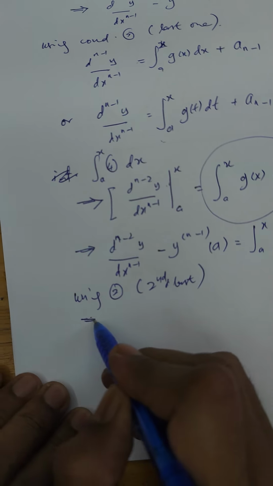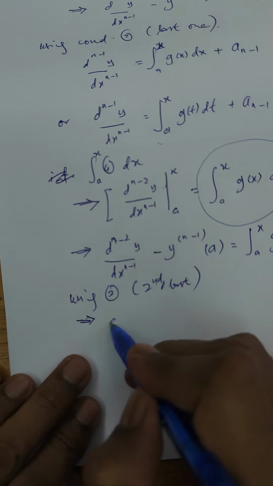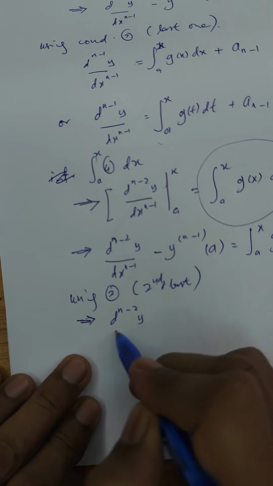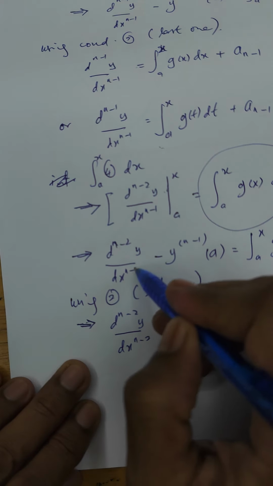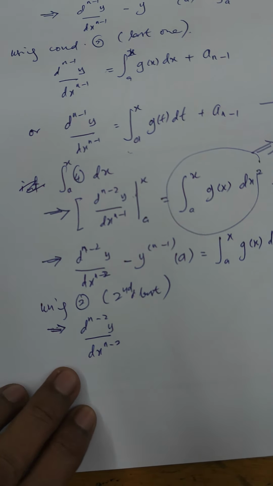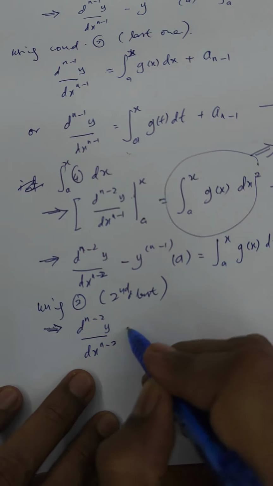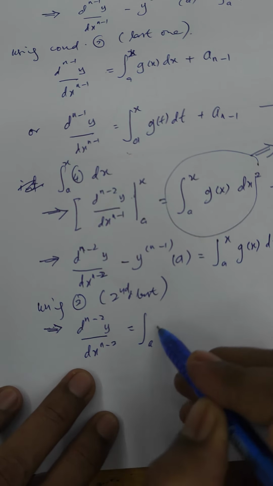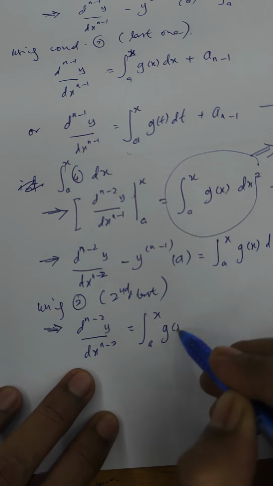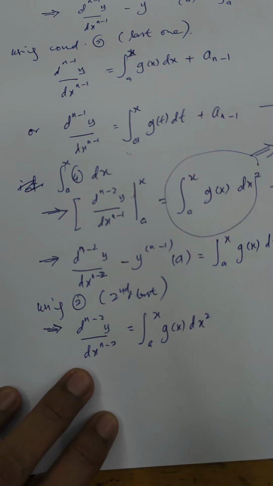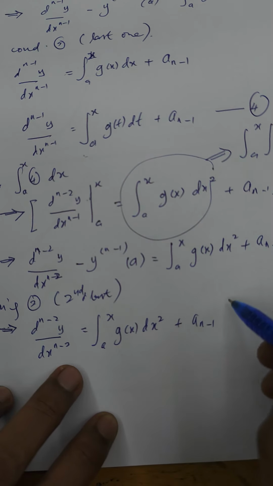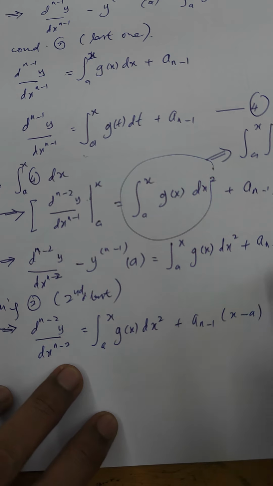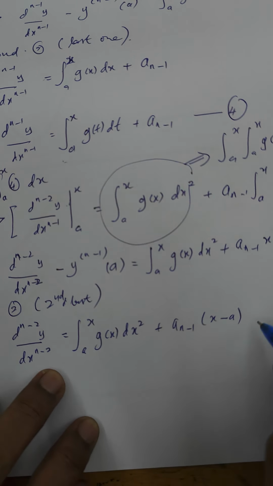Then we have d^(n-2)y/dx^(n-2), this is n-2, sorry, equal to the integral from a to x of g(x) dx squared plus a_(n-1)(x minus a), this is from that part, and then plus a_(n-2).